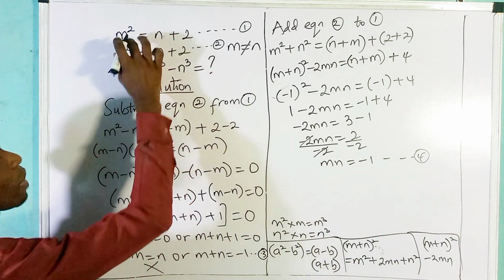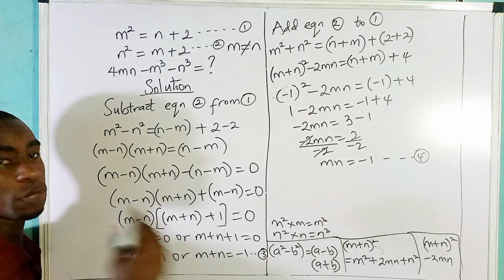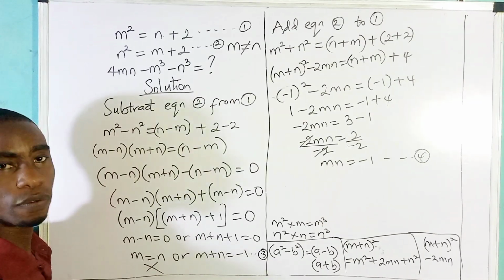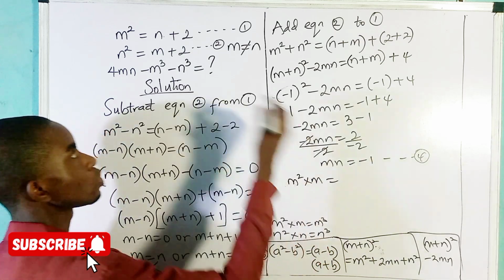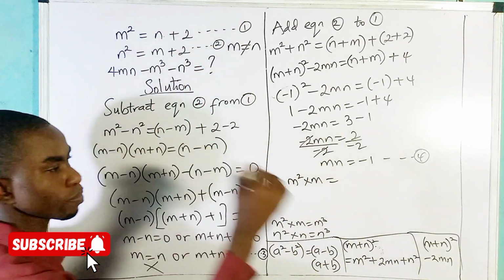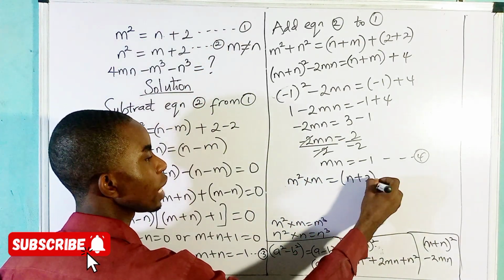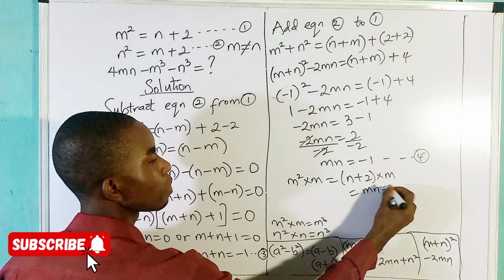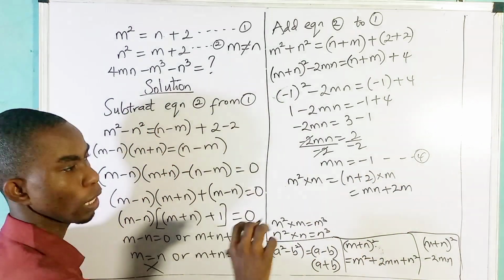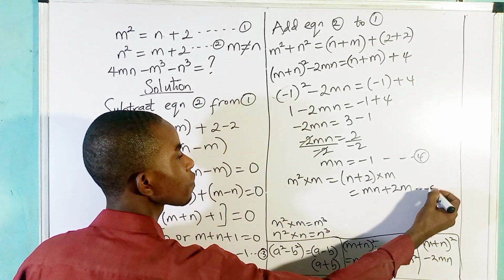So I can multiply both of them by their respective variable, just one of them, okay, which is m squared times m, and that will be multiplying this with n plus 2 times m, which is mn plus 2m. We'll keep that by the side, 5.